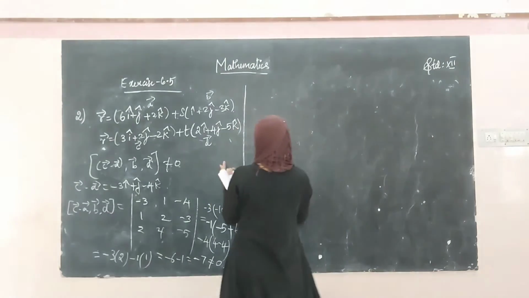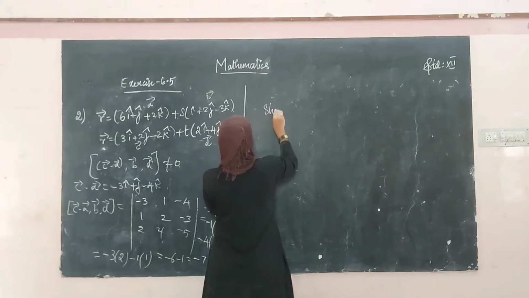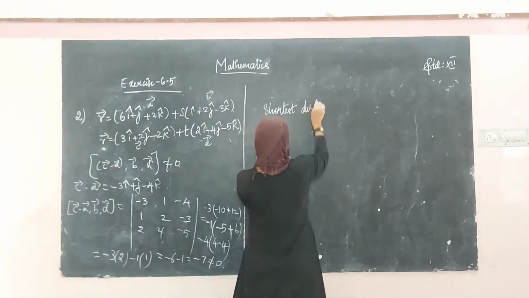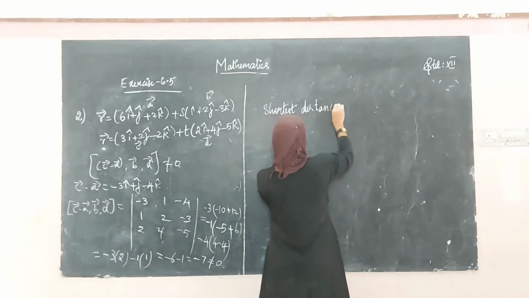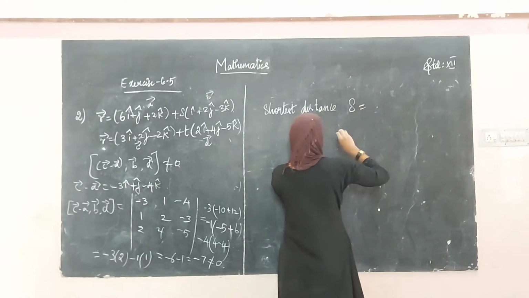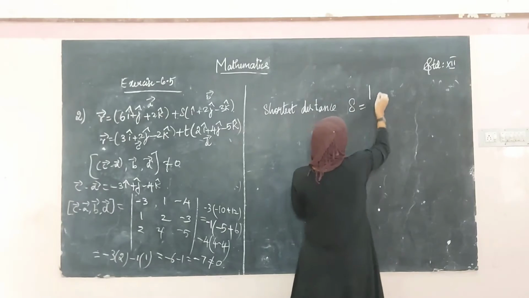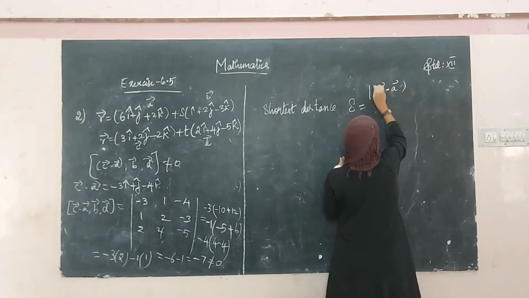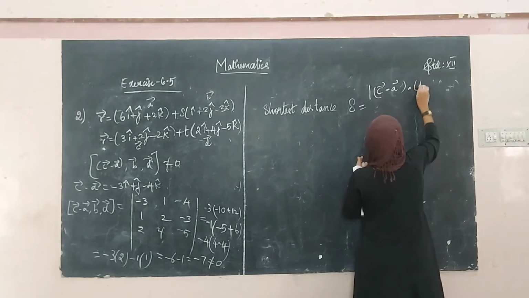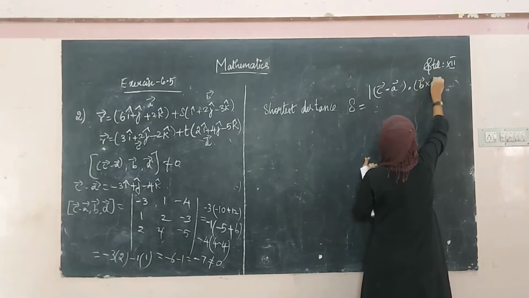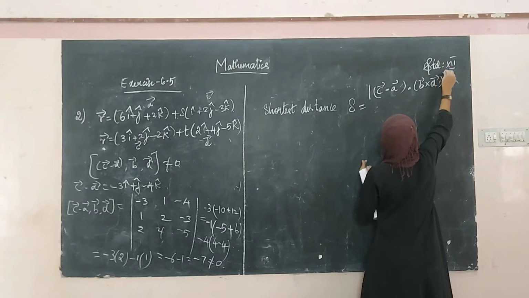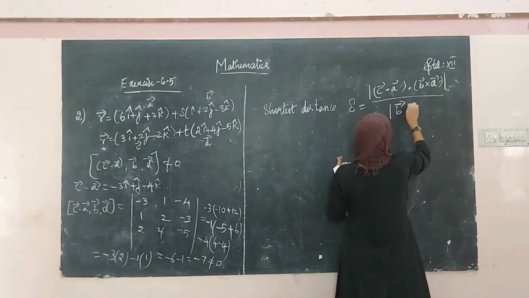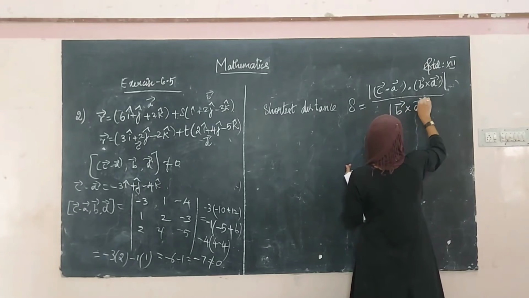So what is the formula for finding the shortest distance? Shortest distance del is equal to the modulus of c vector minus a vector dot product of b vector cross d vector, divided by the modulus of b vector cross d vector.